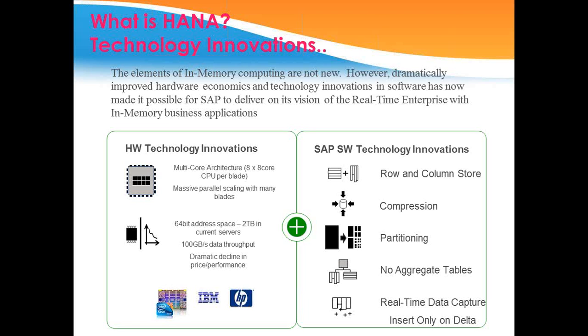With the innovative hardware technology, we can store up to 2 terabytes of data in memory, that is in the RAM. Yes, it is supported now. So that is the main important thing in that hardware, the multi-core CPUs.